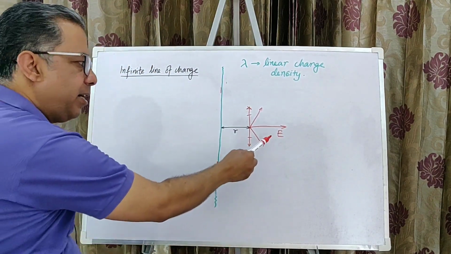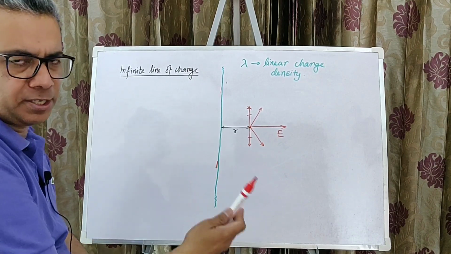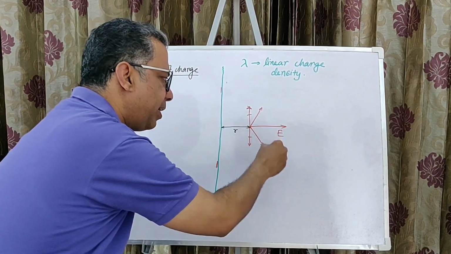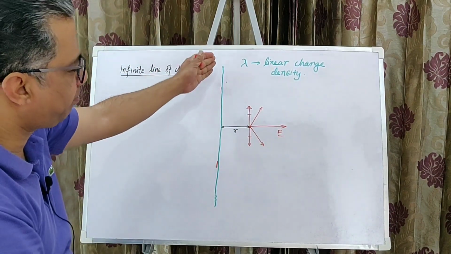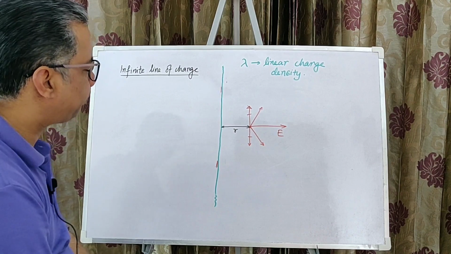So the resultant electric field here can be easily determined in terms of direction, that is not the magnitude. We've determined the direction of this electric field as being perpendicular to this line of charge here.